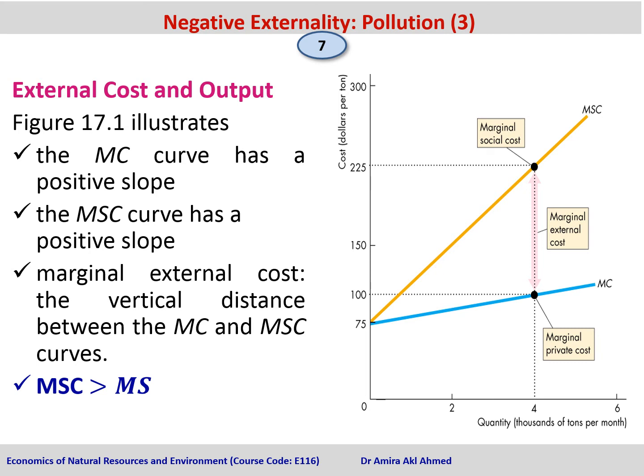The quantity of pollution depends upon the quantity of the chemical produced, which in turn depends upon supply and demand in the market for the chemicals. We will briefly discuss this point in the next slides.